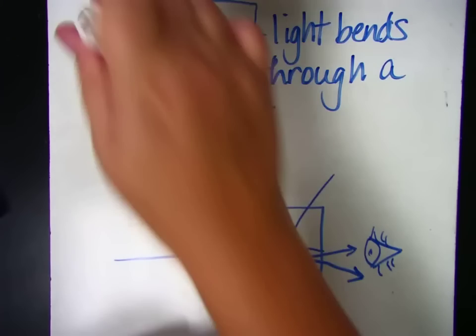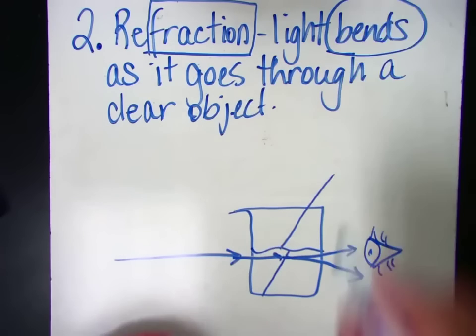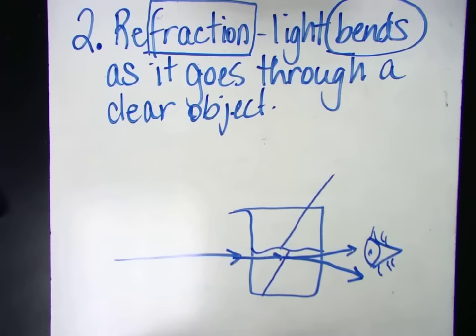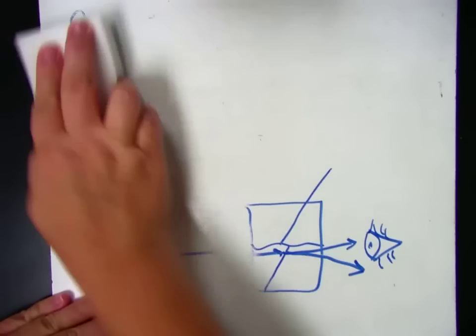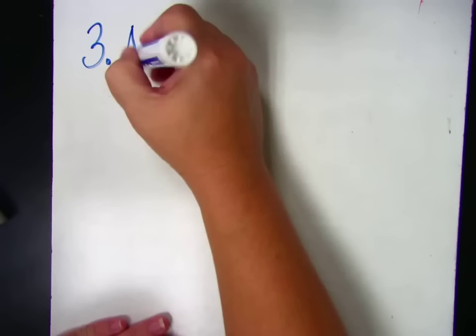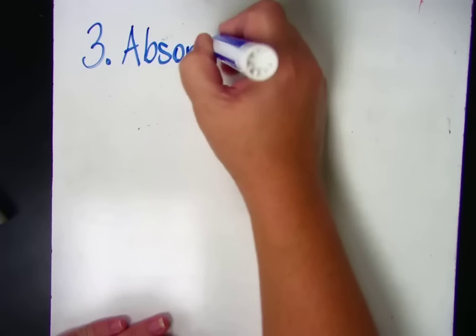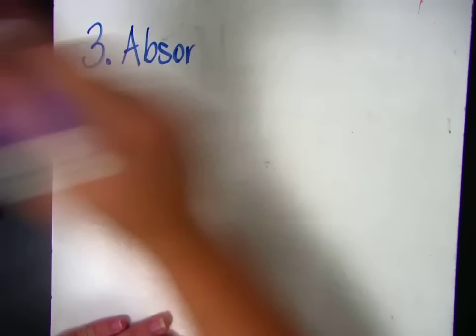So what you need to know is refraction is when light bends. Refract is the same thing as bending. Okay, and the third one that we talked about was absorption. And light absorbs, let's put absorption.